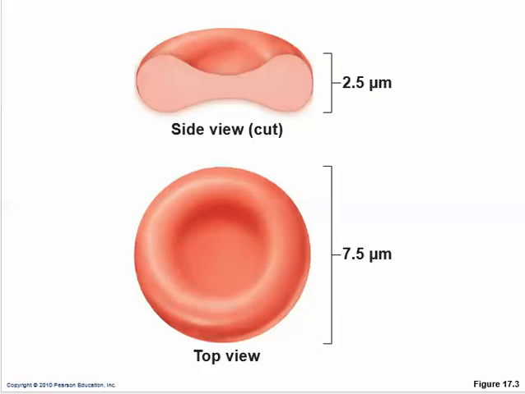When you look at it, it looks like this, the healthy ones do, and you'll see that it's 7.5 microns by 2.5. It's interesting because the average capillary is only about 8 micrometers in diameter, the lumen.